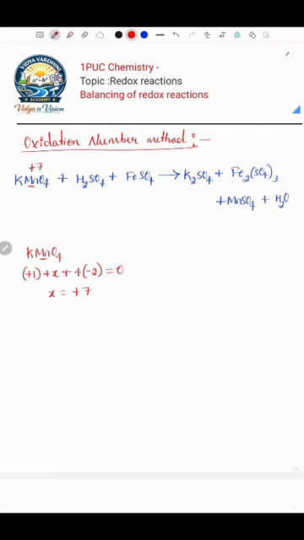Next, coming to FeSO4. In ferrous sulfate, iron is in +2 oxidation state. Here on the product side, ferric sulfate, ferric means it is +3 oxidation state. And we have MnSO4 where manganese oxidation state is +2.